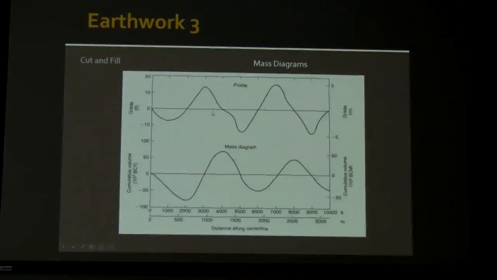In this particular case, it looks like this project is, again, a fill project. It's a borrow project. It's not a balanced project. We'd be requiring more material because it requires more fill than we're cutting.